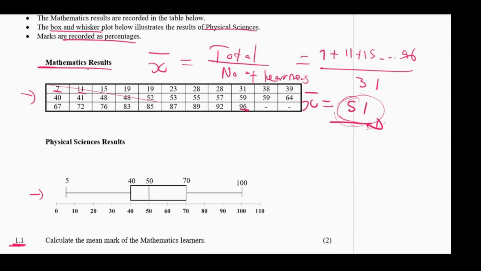All the marks for these learners, at least most of them, have an average of 51. So this means that our skewness is going to be positively skewed.